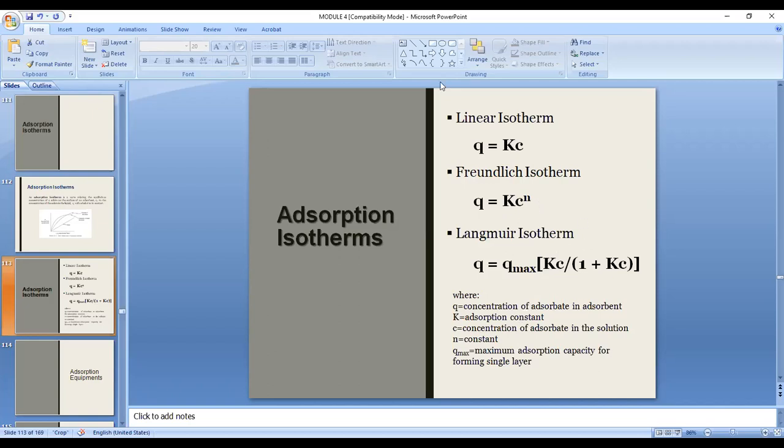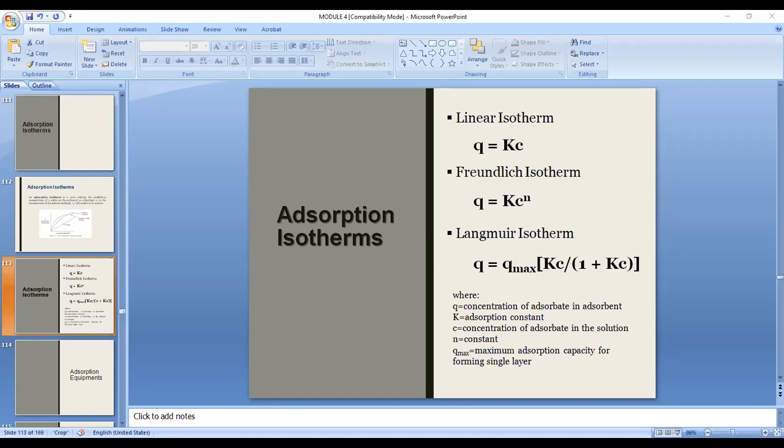Okay, now the last one, which is the Langmuir isotherm, has the appearance of the q with the subscript maximum. So I'd like to project this one. Now, this represents the maximum adsorption capacity of forming a single layer for your adsorbent. So that's your q max. Since it is the maximum adsorption capacity, this value is also a constant.